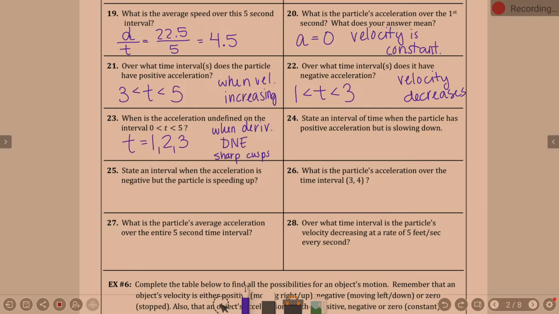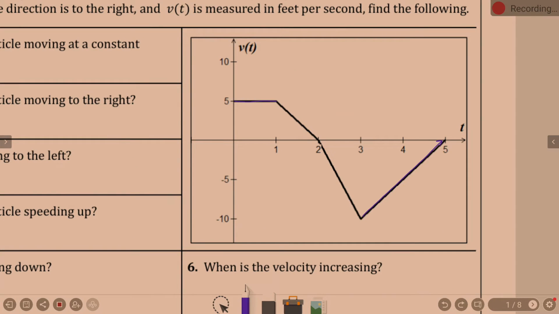Okay, 24. State an interval of time when the particle has positive acceleration but is slowing down. So 3 to 5, it's positive acceleration, right? But how do we know it's slowing down? Because even though acceleration is positive here, what do we know about velocity?